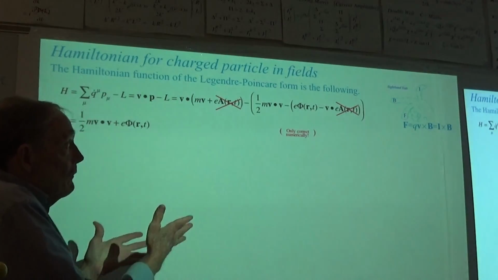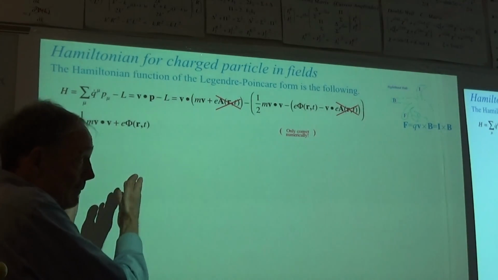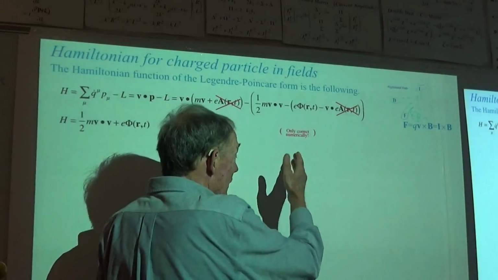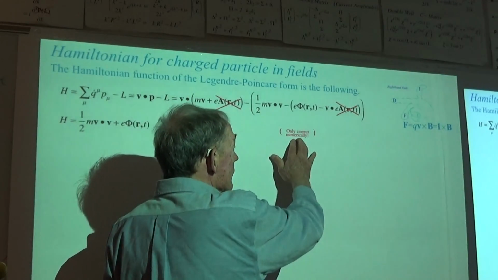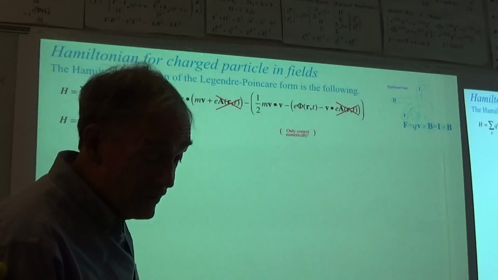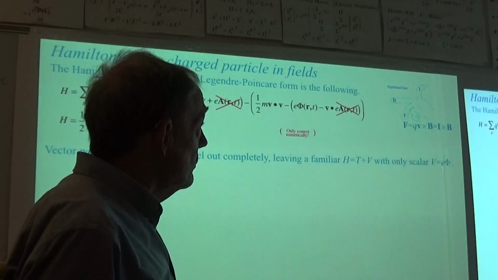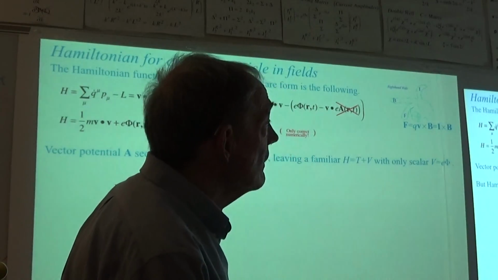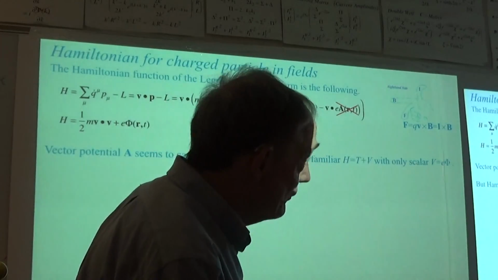We got something that's kind of weird. But we're going to change that now and get it in terms of momentum, canonical momentum, and then we'll be off to the races as far as Hamilton's concerned. But still, we have this thing as a numerically correct equation. So we do have to go ahead and say a few words about that.